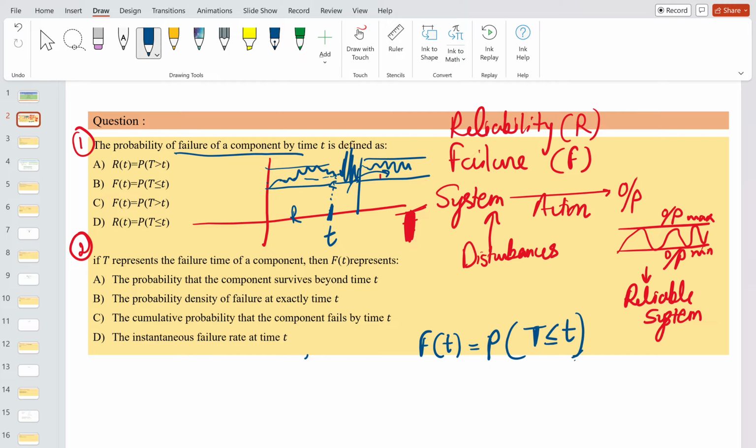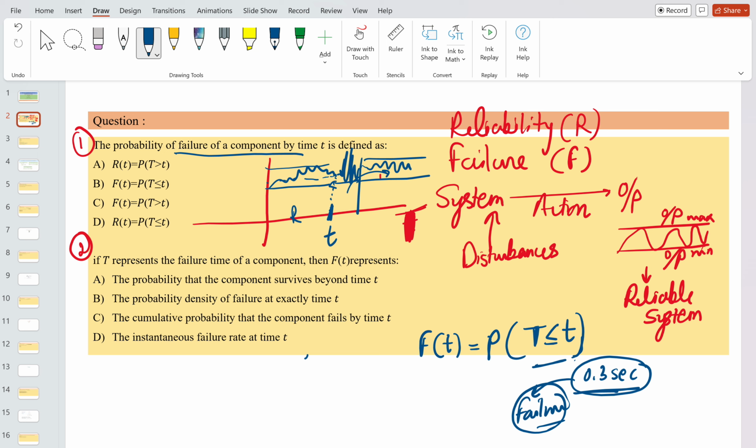It means that if we give the time frame that in 0.3 seconds the system should come back to its intended operation and perform the work assigned, and if in 0.3 seconds it is not able to come back, then we can say that in that time frame there was a failure. If T is less than or equal to t, we call it a failure.